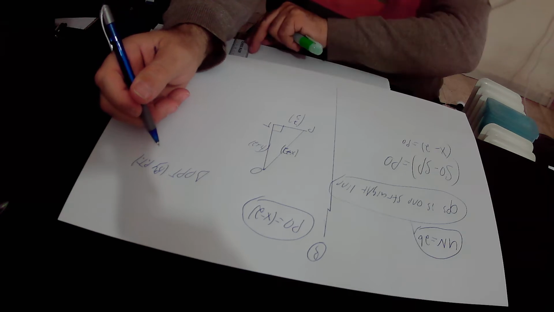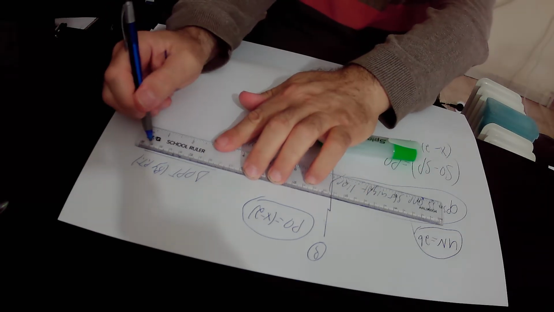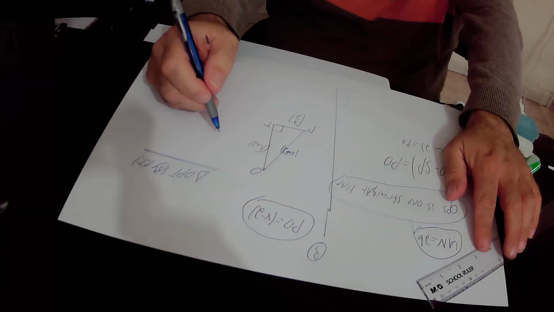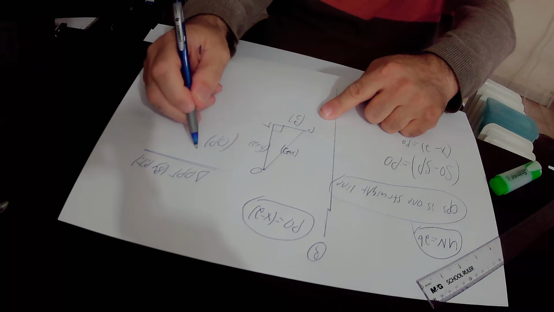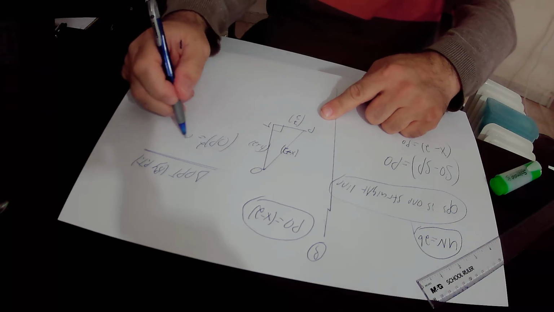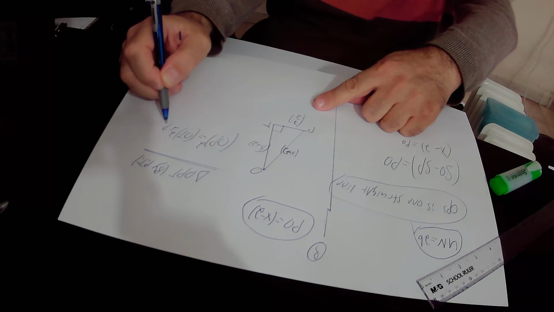According to the Pythagoras theorem, in the right triangle OPT, we get that OP square equals OT square plus PT square.